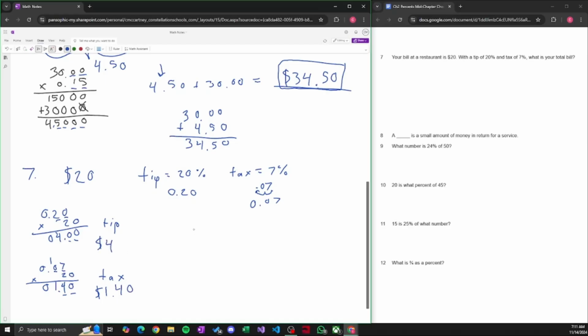Now we can add these all together. We can add the original price, the tip, and the tax. So 20 plus 4 plus $1.40.